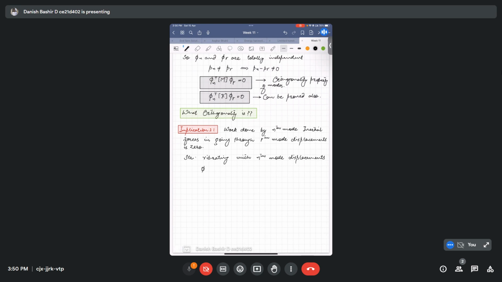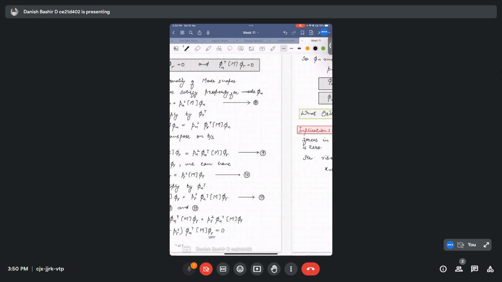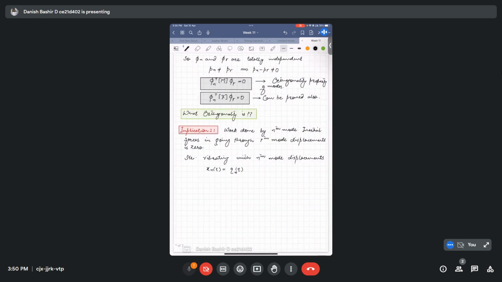So we can write its displacement vector xn of t will be equal to qn of t times phi n.